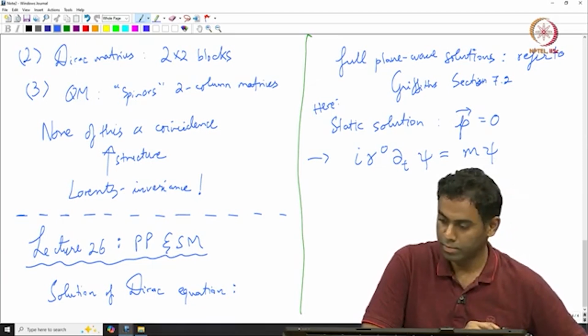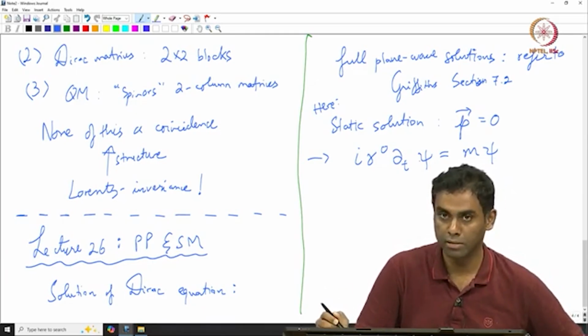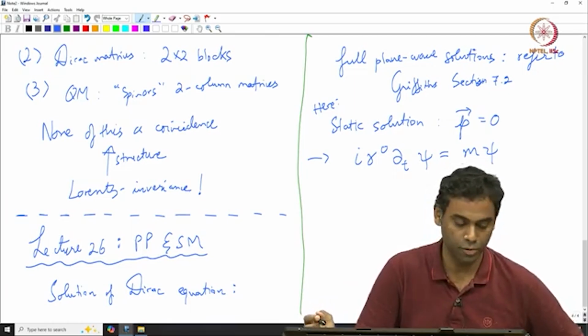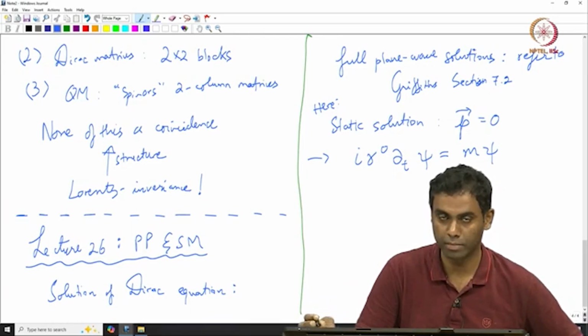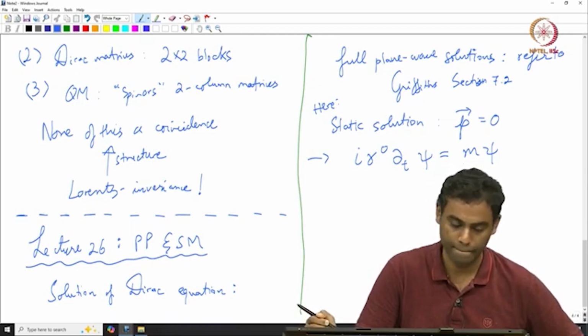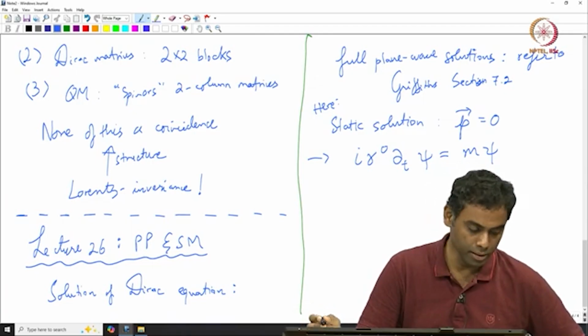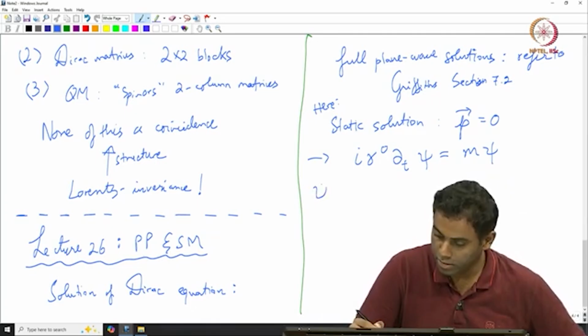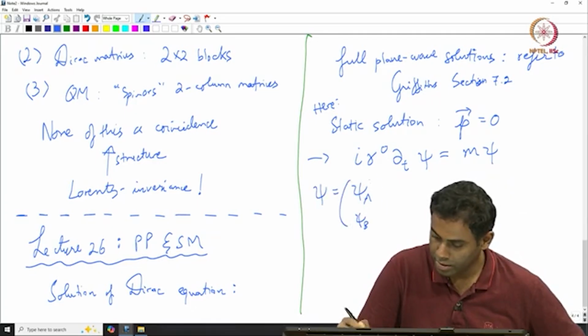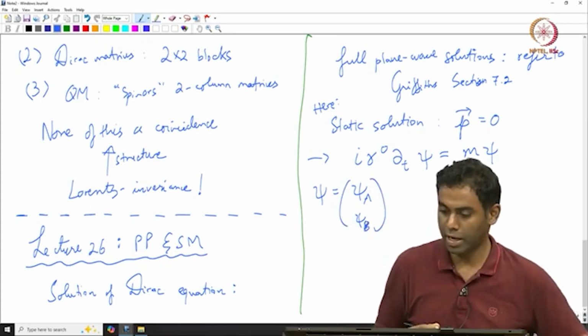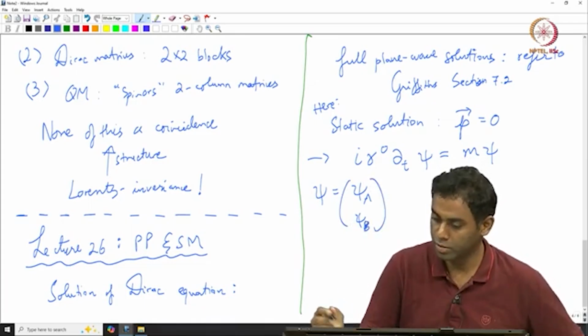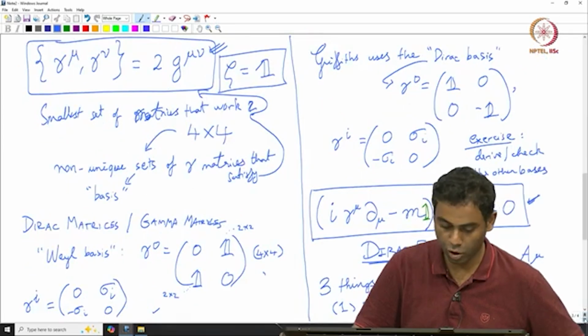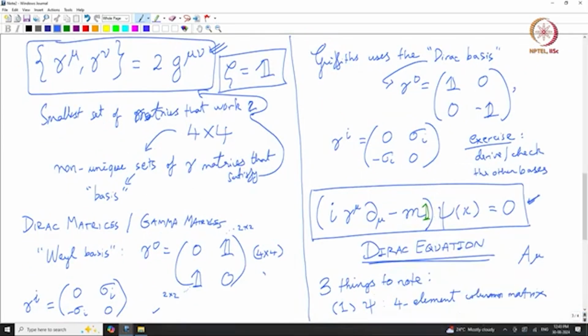So what is the solution? Do not forget that psi is a 4 cross 1 matrix, okay. So with that in mind I am going to just write a solution like this, and I hope you will agree this comes about again from the fact that the gamma 0 can be broken down into 2 by 2 blocks, gamma 0 is the one is here and the other one is here, okay.